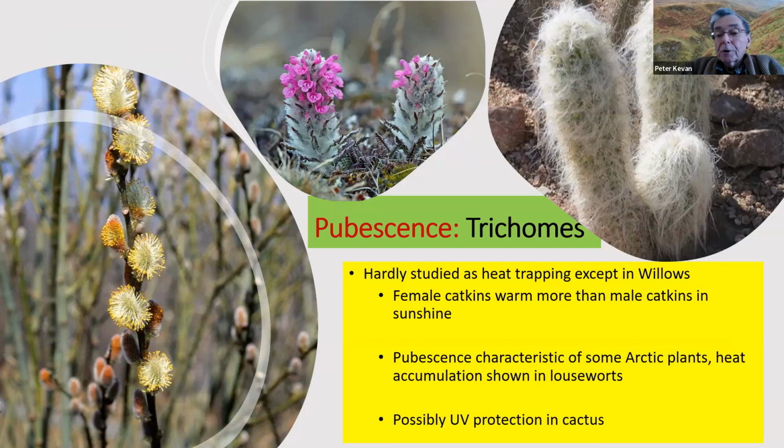You can see why it's called hirsuta, and heat accumulation on that. And a little bit of experimental work has been done on shaving those hairs off. And in the cactus, despite the fact there are lots of cacti with pubescence, it seems it's been mostly associated with UV protection rather than with temperature control. Next.